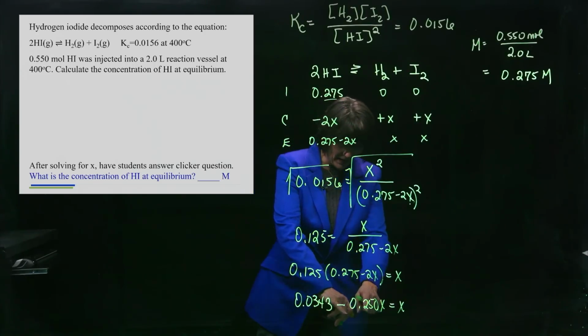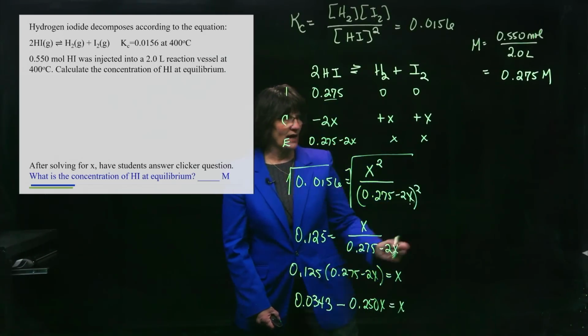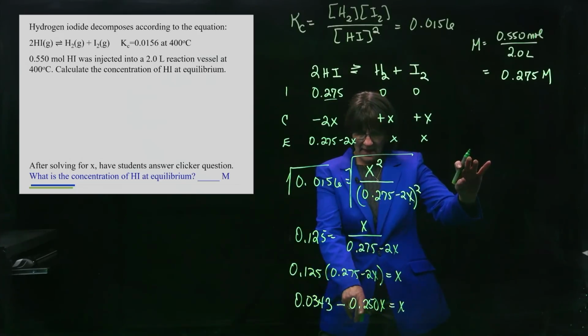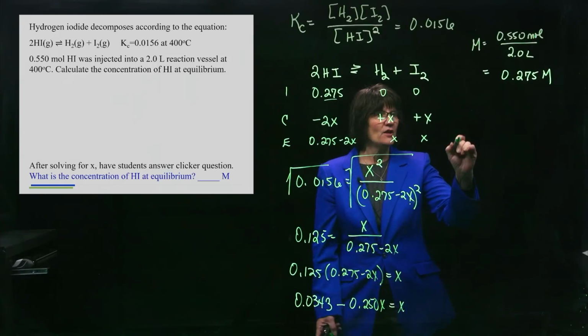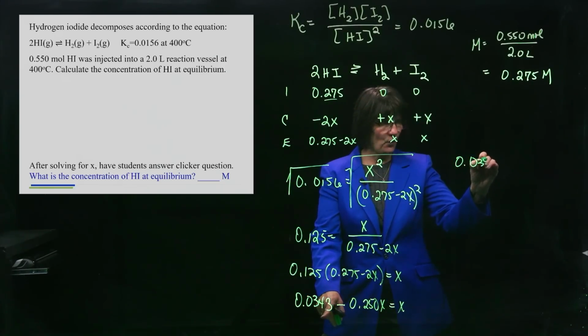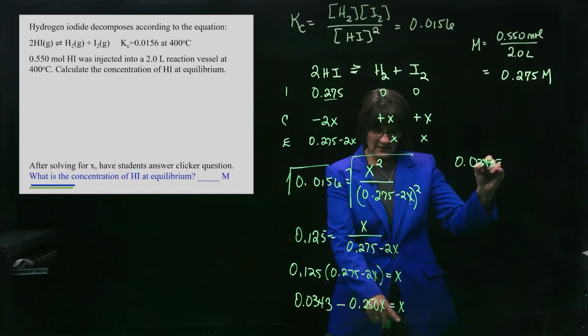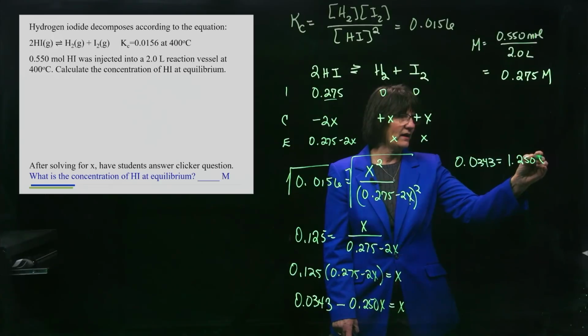Now I'm going to combine this over here. So I'm going to add 0.250x to both sides. I'm going to come over here and work that. I'm adding 0.250 to 1, right? So this gives me 0.0343. Bringing this over to this side, I have 1.250x.